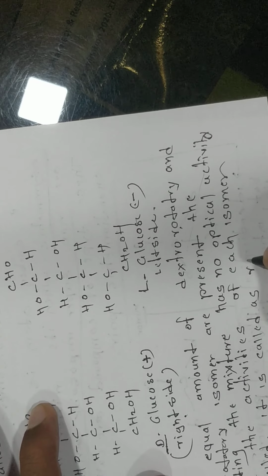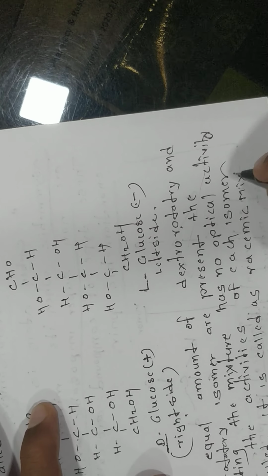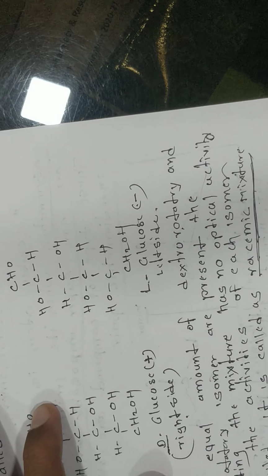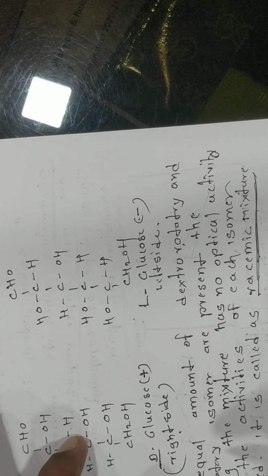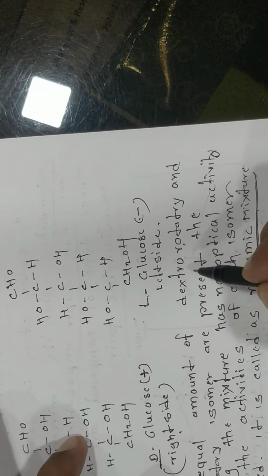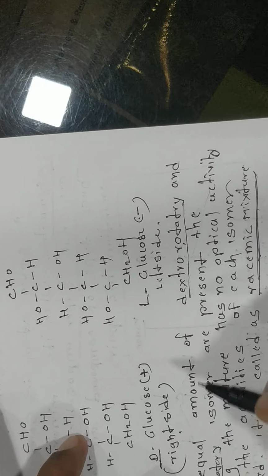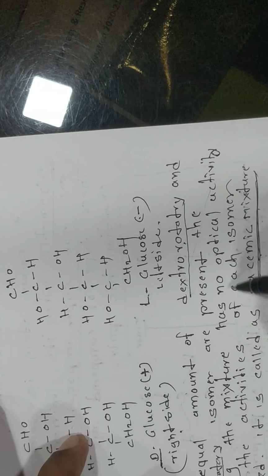Hence it is called a racemic mixture. What is a racemic mixture? The question asks. Now you can see how to explain. A compound having equal amounts of dextrorotatory and levorotatory isomers has no optical activity.